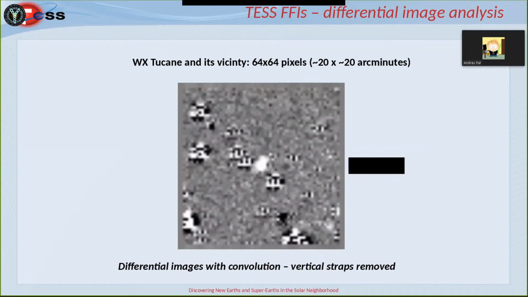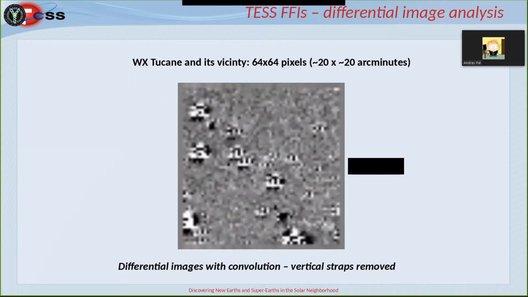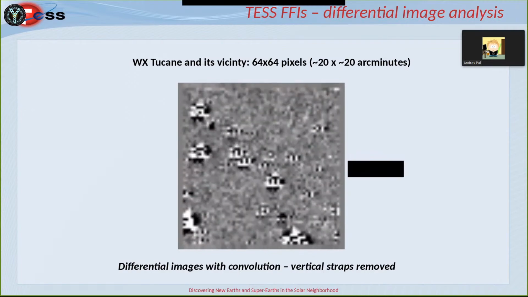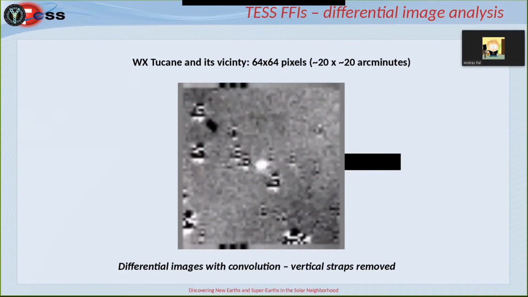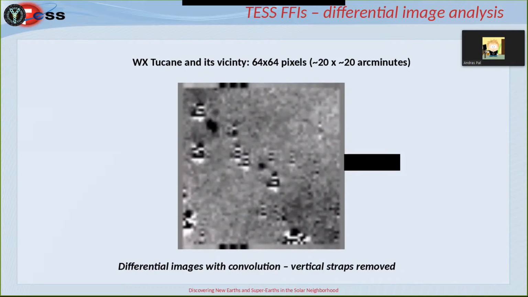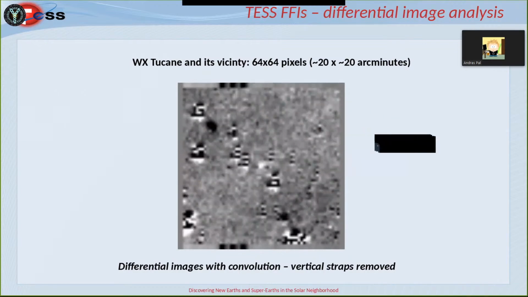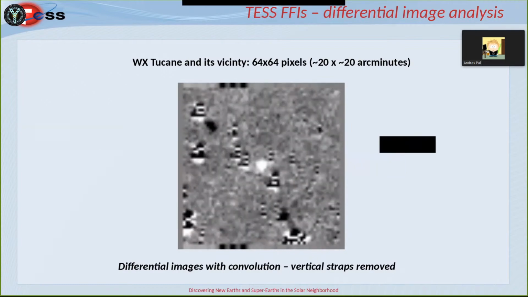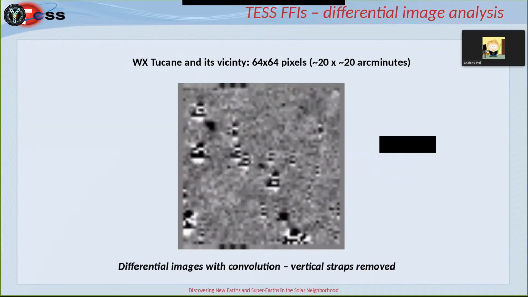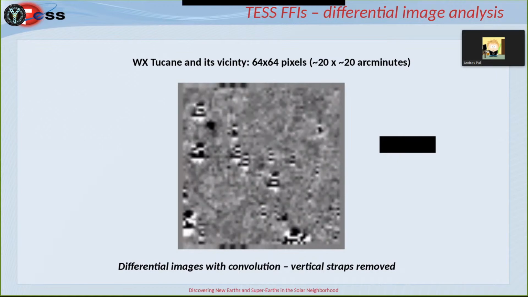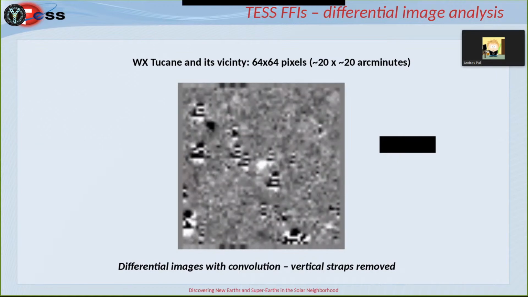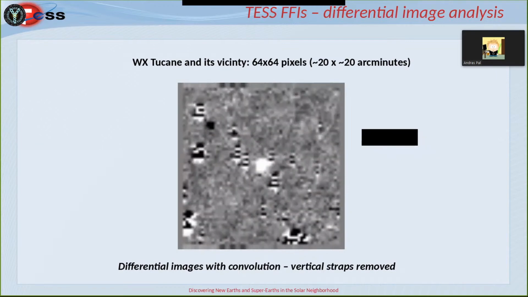These are reflections of some particular electronic gates underneath the CCD, and these gates are more reflective in, I wouldn't say far infrared, but the longer wavelengths of the TESS band. So they reflect more light at 900 or 950 nanometers, which means that these straps can appear when there is some stray light.